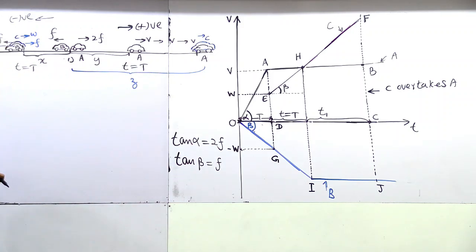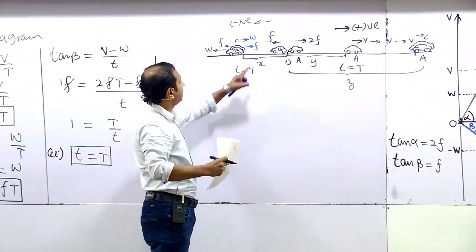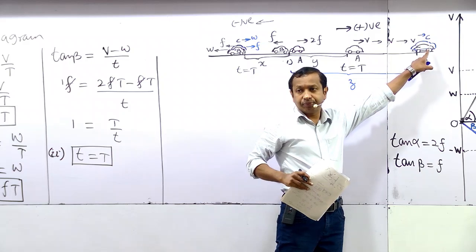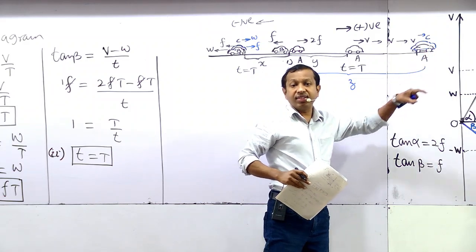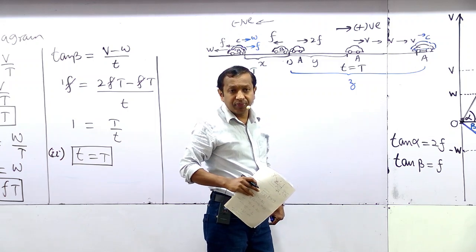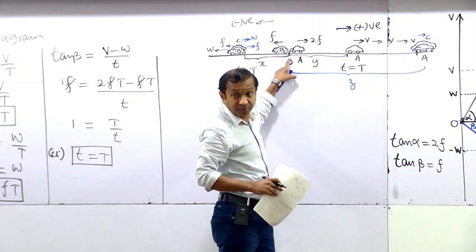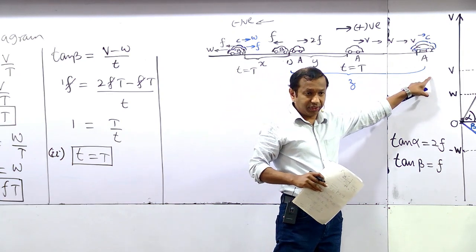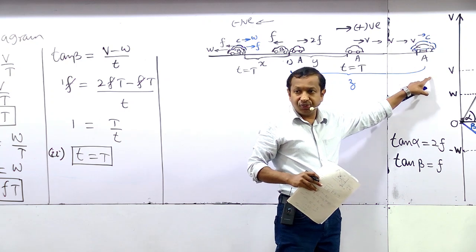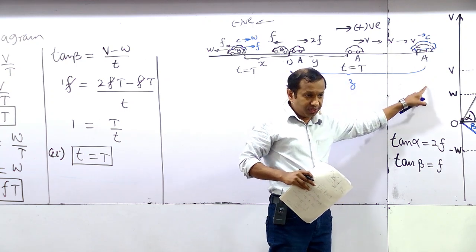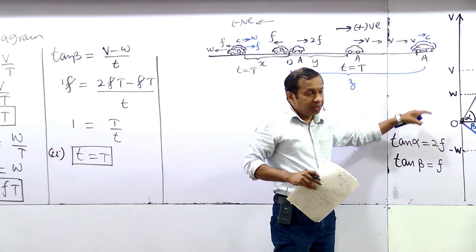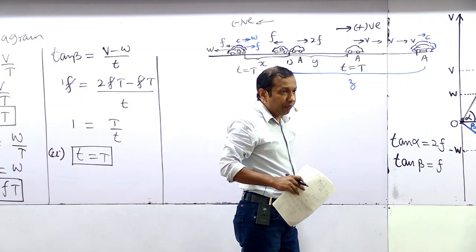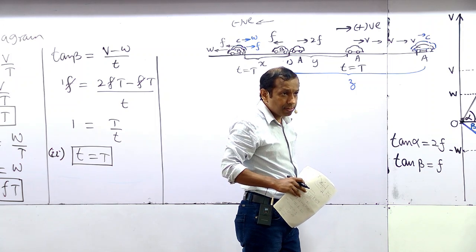Right, people, in this diagram I have marked X here and Z here. When C overtakes A, the distance moved by C should be X plus Z. Can somebody tell me which particular area gives the distance moved by C?